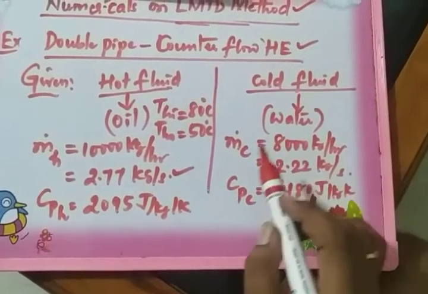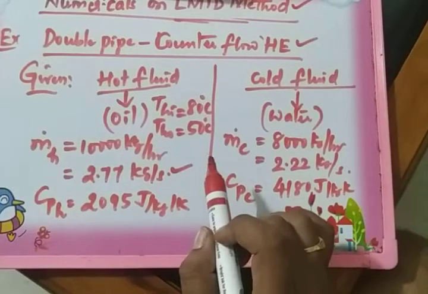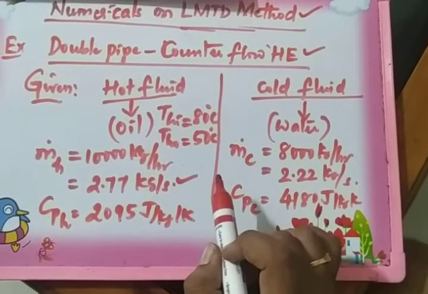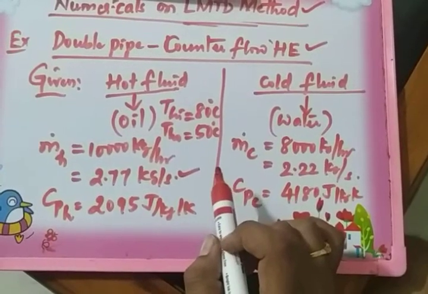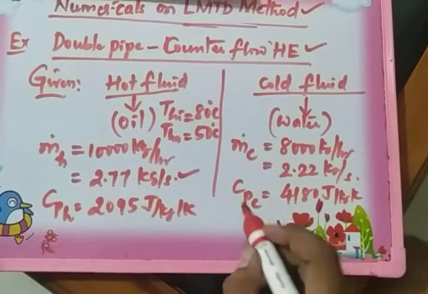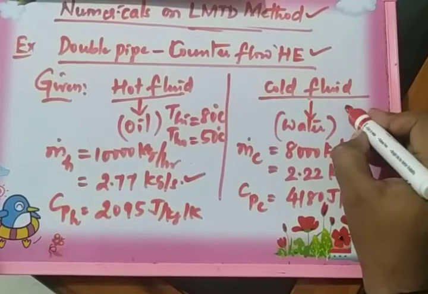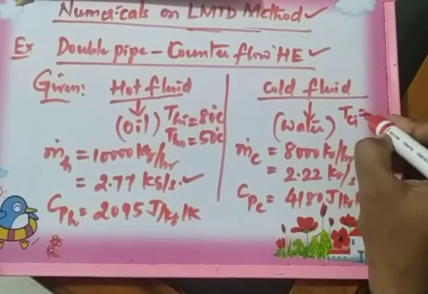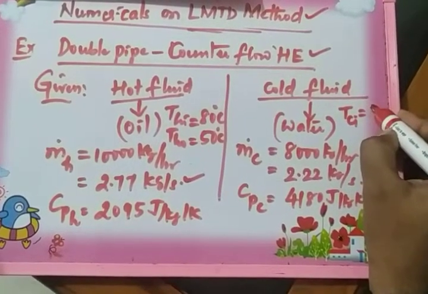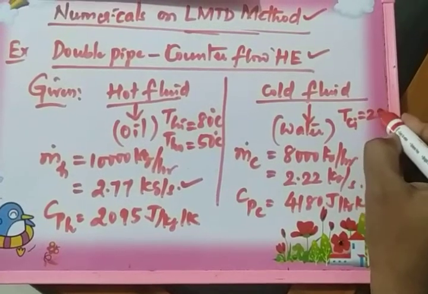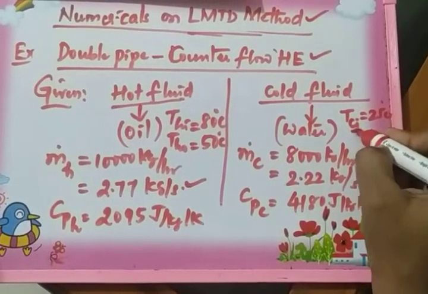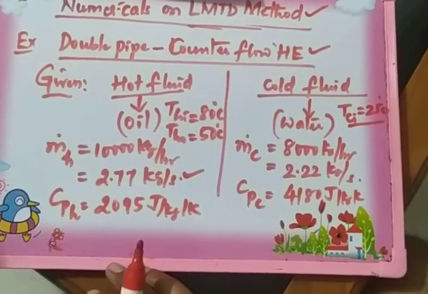Now along with this data, he has also given you the temperature of the water when it enters the heat exchanger. So he says the water is entering at a temperature of Tci, which he has given as 25 degrees Celsius.